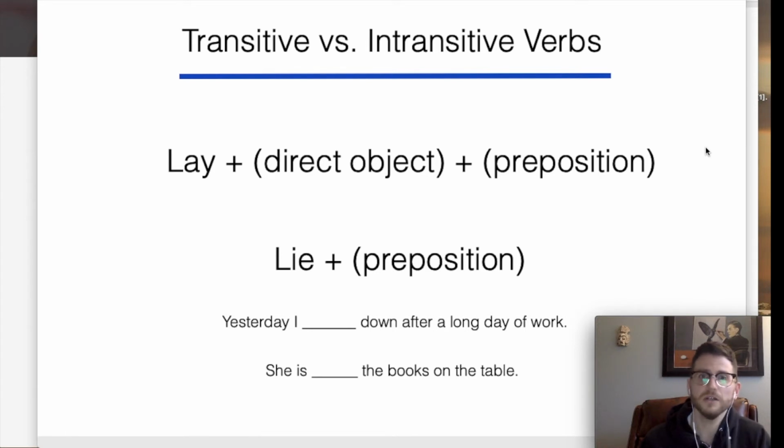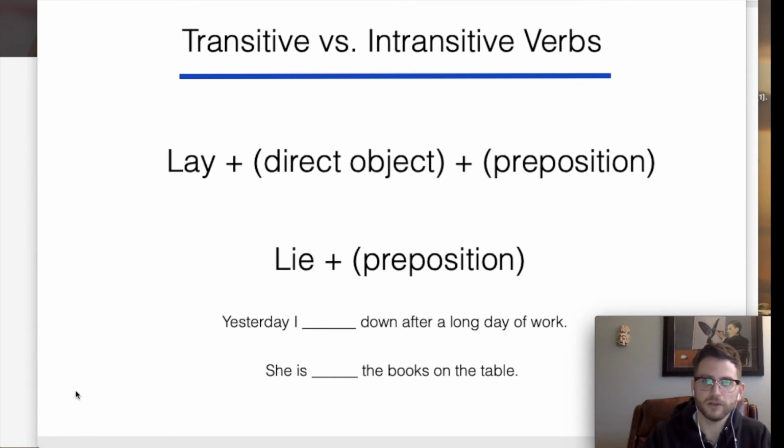It's just simply on its own, I laughed. So understanding the difference between lay and lie means understanding the difference between transitive verbs and intransitive verbs. Transitives always attach directly to an object. Intransitives do not.